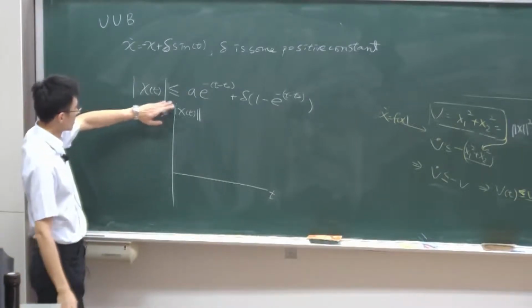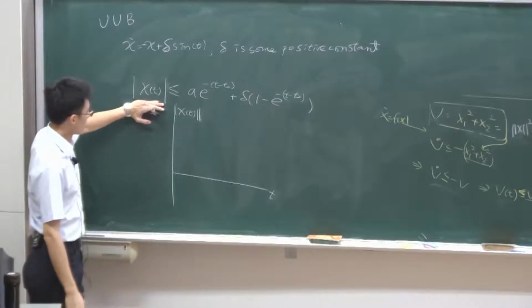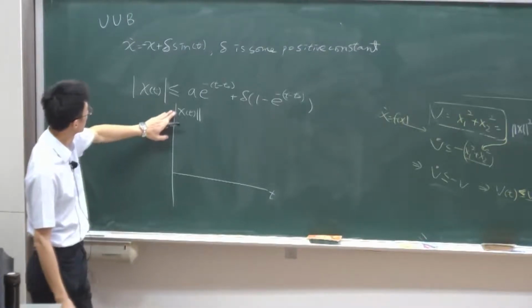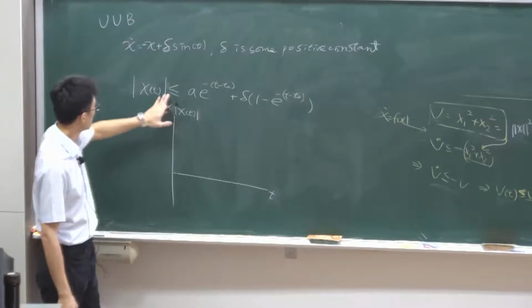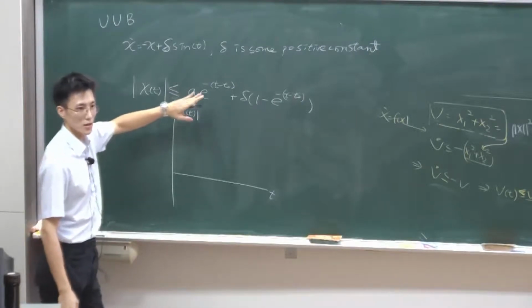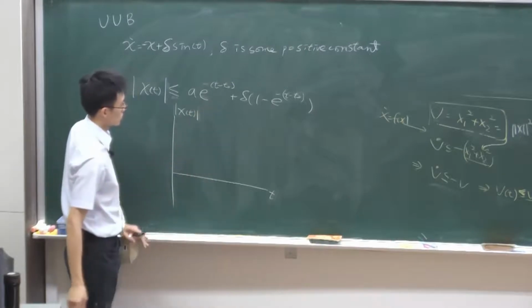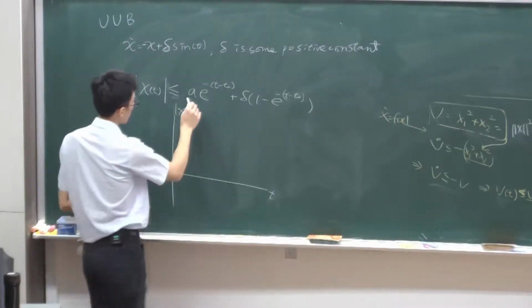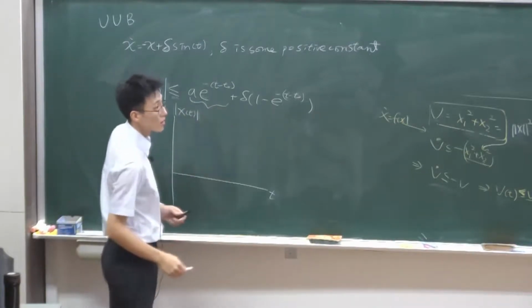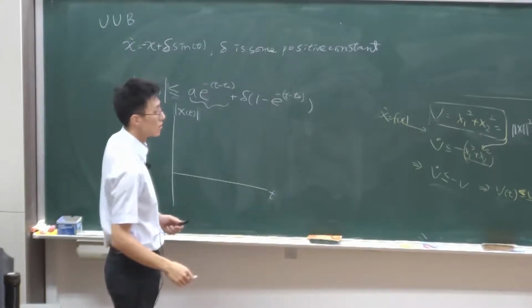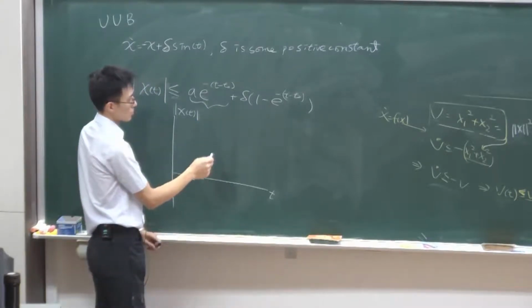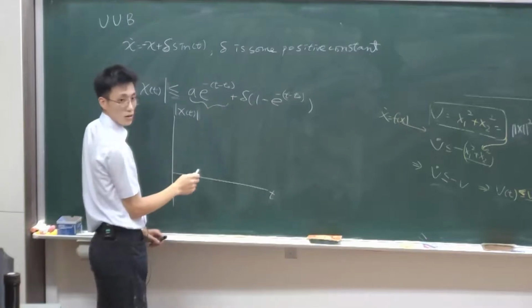So again, it's this absolute value of x is upper bounded by some trajectories. So these trajectories, this part will decay to 0 as t goes to infinity, right?